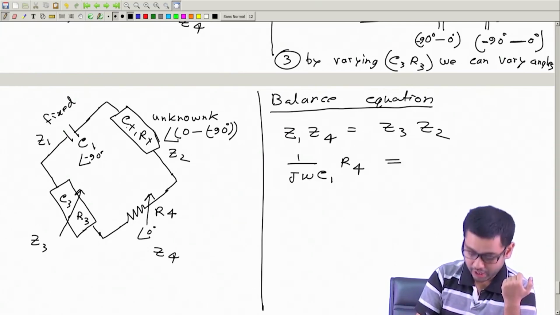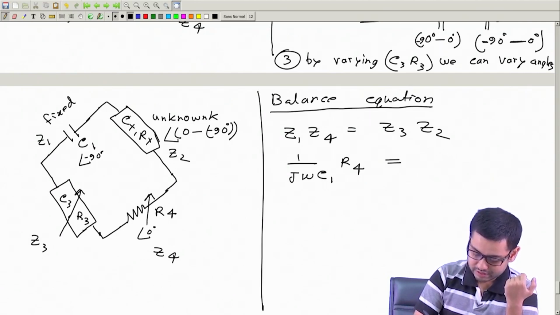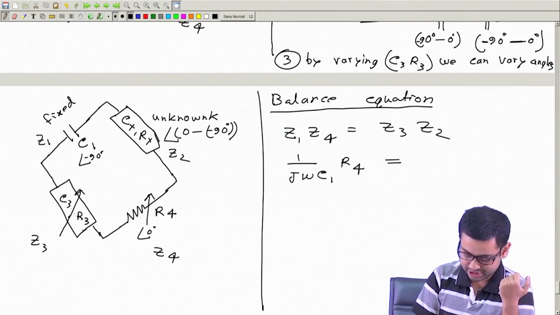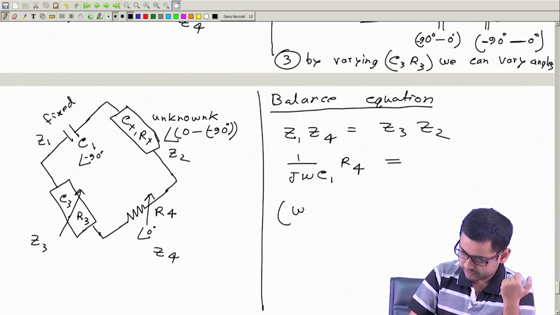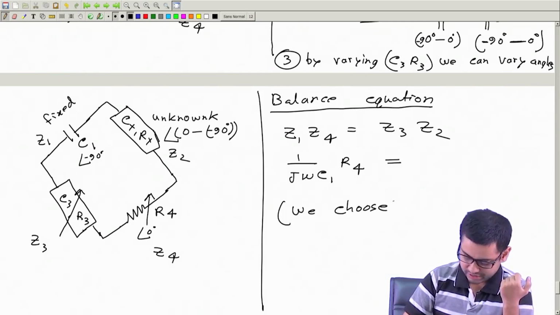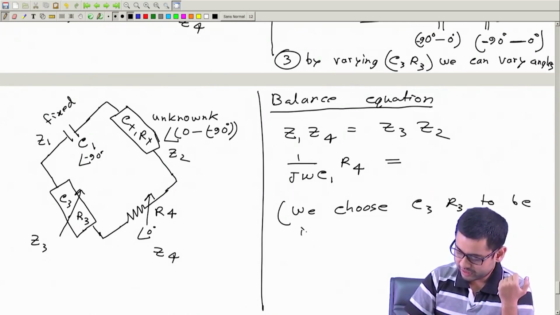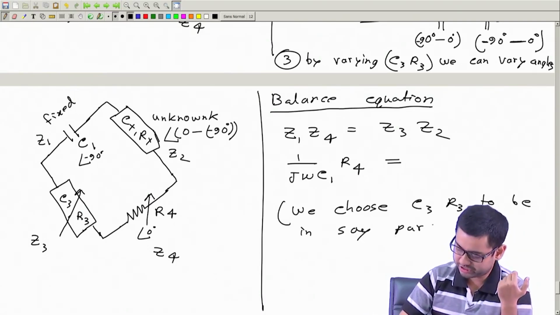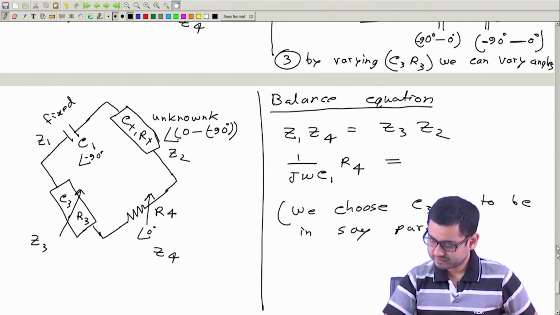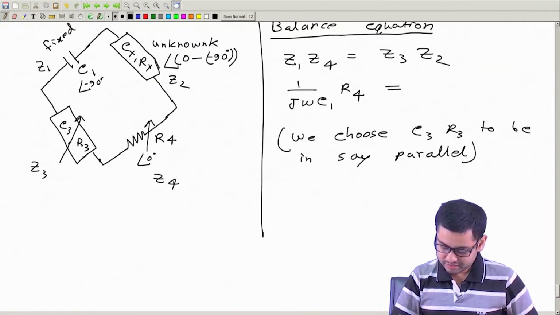Now, we have to know whether this is a series combination or parallel combination, and whether this is a series or parallel combination. Okay. So, let us choose, we have many options. We choose C3 R3 to be in, say, parallel, just a choice. You can choose it the other way. Okay.